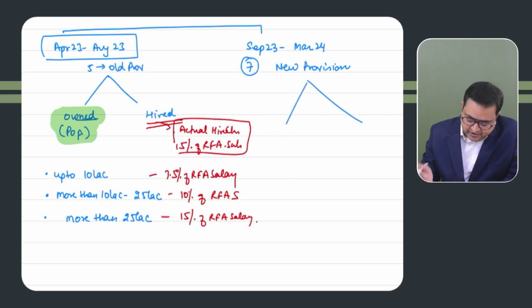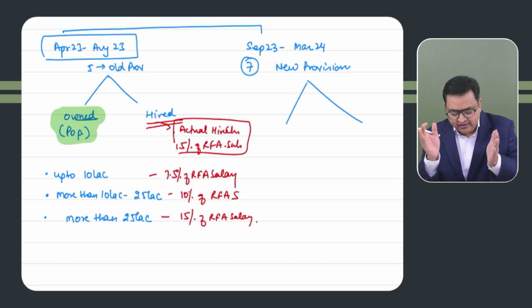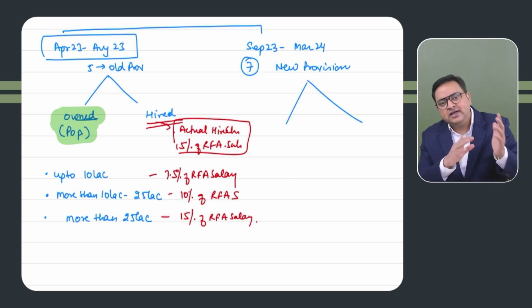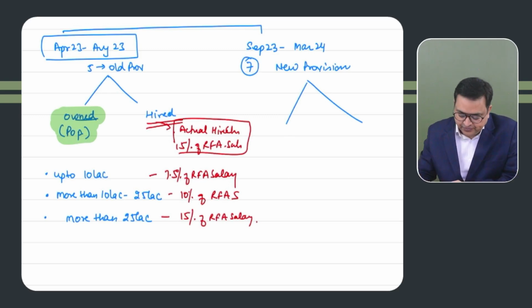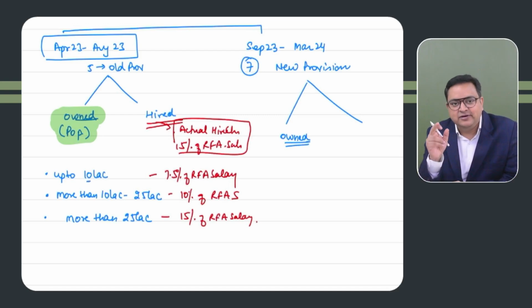If the accommodation is provided from September 2023 onwards to March 2024, and if it is for the entire year, for the first 5 months till August, you have to follow all old provisions, and thereafter you have to follow new provisions. What are the new provisions? If it is owned by the employer, because the population is increasing day by day, this 10 lakh population limit is increased to 15 lakh.